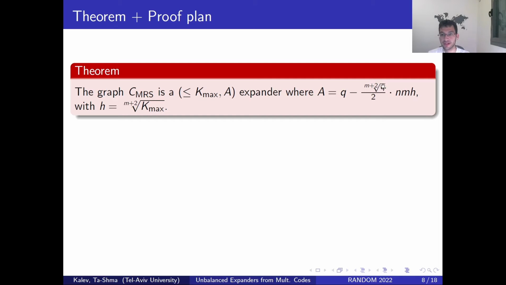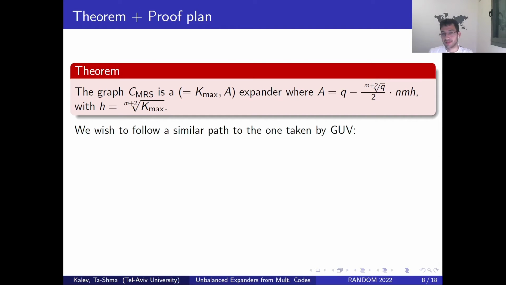So our expansion factor is very similar to the GUV one, with the only difference being this factor. And h is the (m+1)-th root of K max, which is very similar to what we had in the GUV one. But here we need to state it this way, as h is not a part of our construction, but only appears in the analysis.